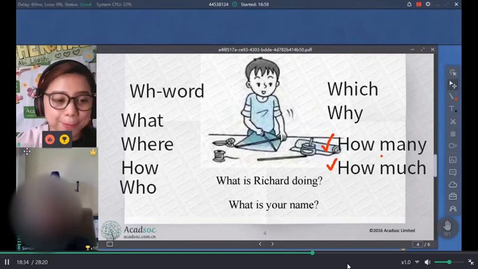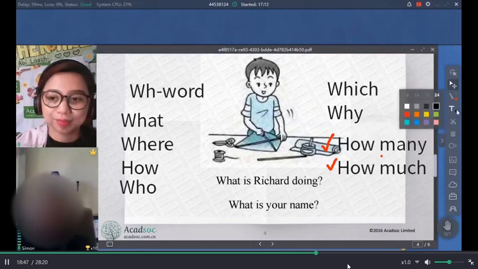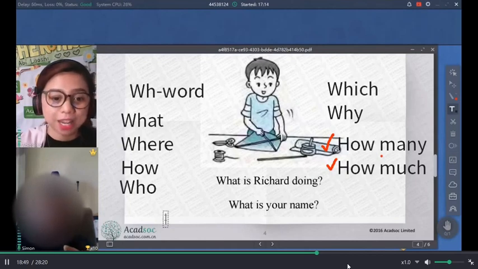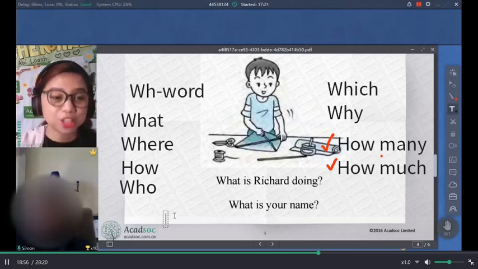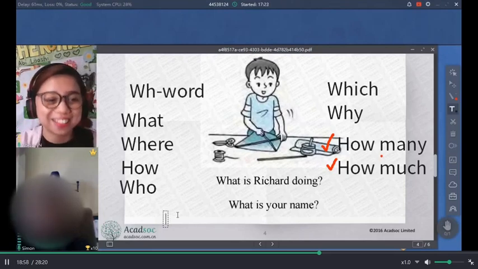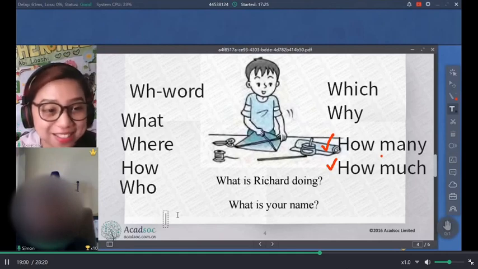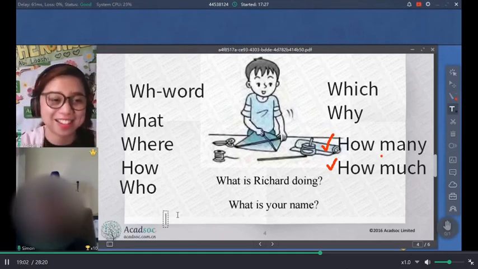You can see how many people, how many animals. How much is for money. How much is your money? How much did you spend last holiday? Okay, very good.